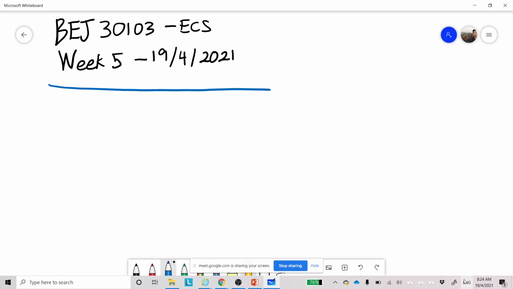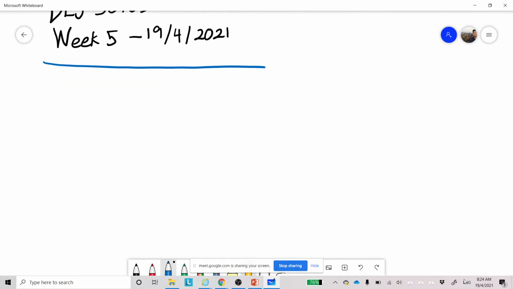So last week we have seen about AM, how the AM waveform is generated by the modulator in the transmitter. Maybe I will put here modulator.